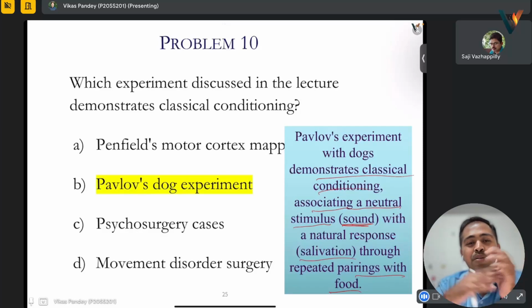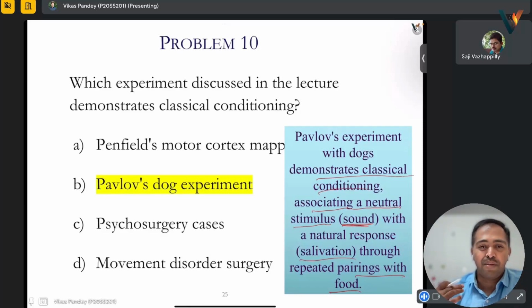Somehow that smell has got associated with that memory. Although that smell has no role in the hostel, whenever I remember that, I can remember the smell. So something like this happens through pairing. We are learning through pairing experiences.